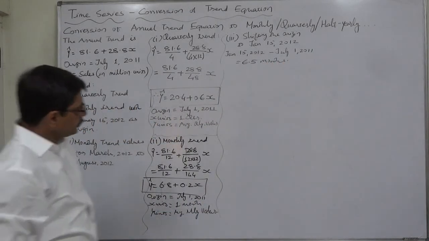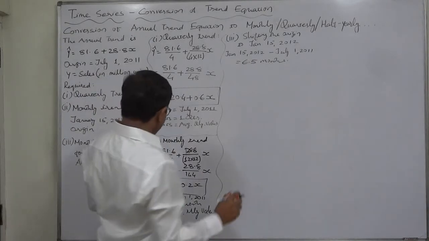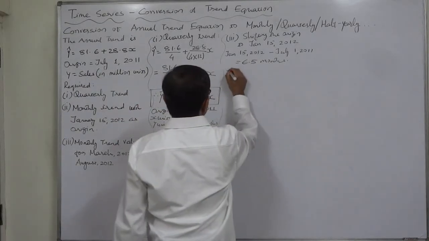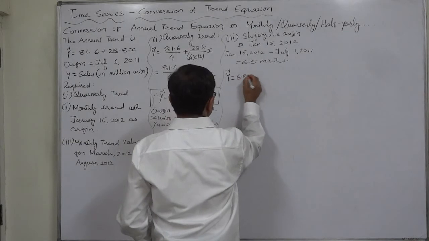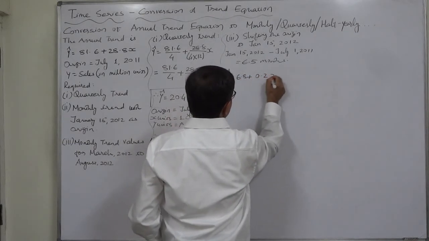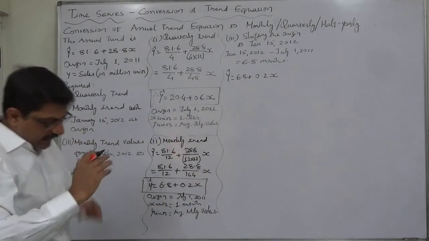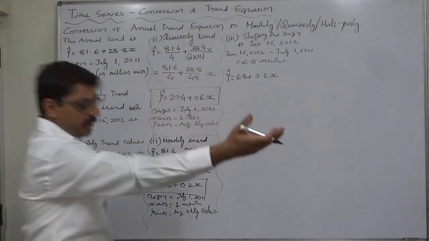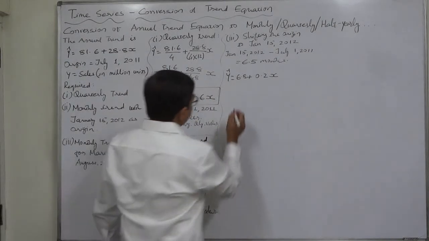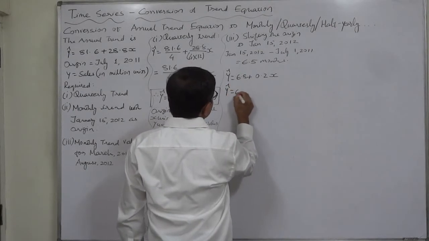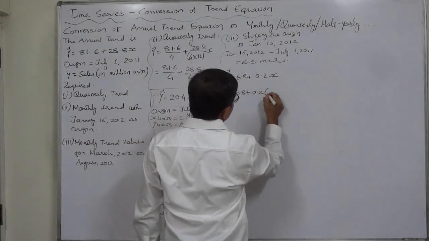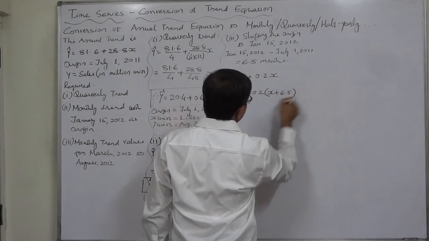Because it is positive, 6.5 months. Now, what's the monthly trend? Estimated y equals 6.8 plus 0.2x. And now we want x 6.5 months forward. So it will be now 6.8 plus 0.2 into x plus 6.5.